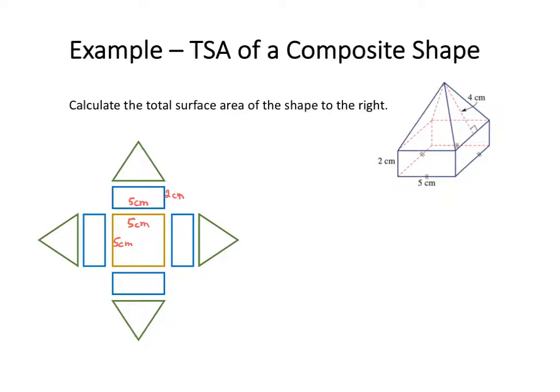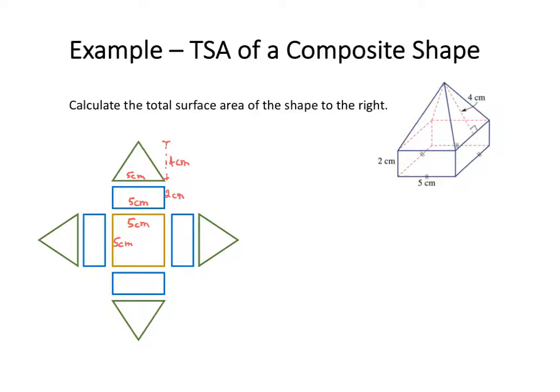And then our triangles are going to have a 5 centimeter base, and the height of those triangles are 4 centimeters. Now, they're all the measurements we're going to need to be able to do our calculations to calculate the area of each of those individual components.